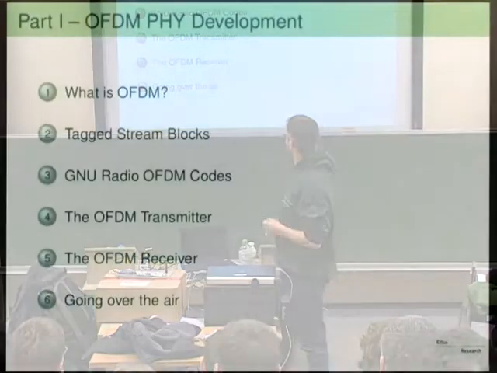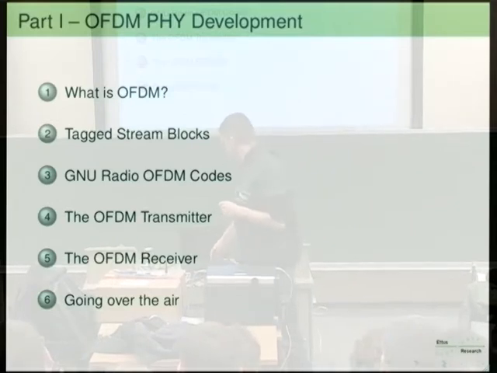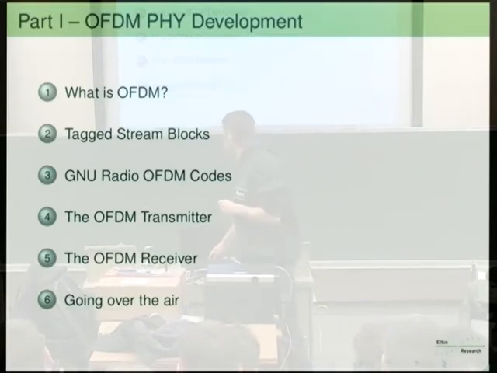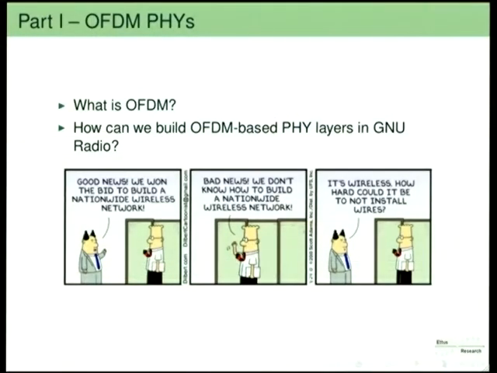Okay, so I've split this into two parts, and first of all I'd like to talk about how to build PHYs using OFDM. The whole point of this part is that you should be able to make PHYs without knowing all the details. Say you come from the computer science end and you know lots about link layer stuff and MACs like Andre was talking about, and you just need something to connect your devices over the air.